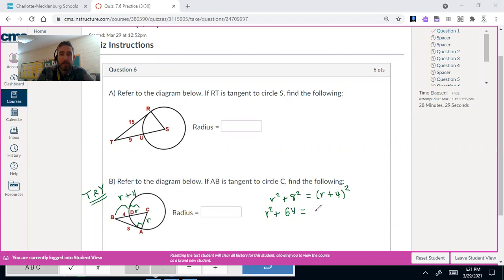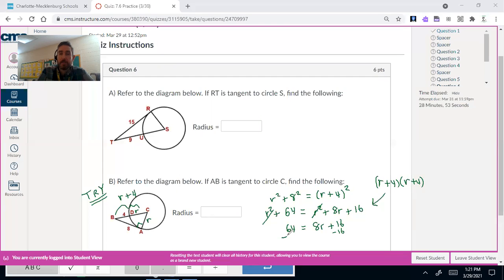And I'm going to do this real quickly. It's going to be R squared plus 8R, we double the 4, plus 16. You can double check that on me, but it should be R squared plus 8R plus 16. So if we cancel out the R squareds, we have 64 equals 8R plus 16.